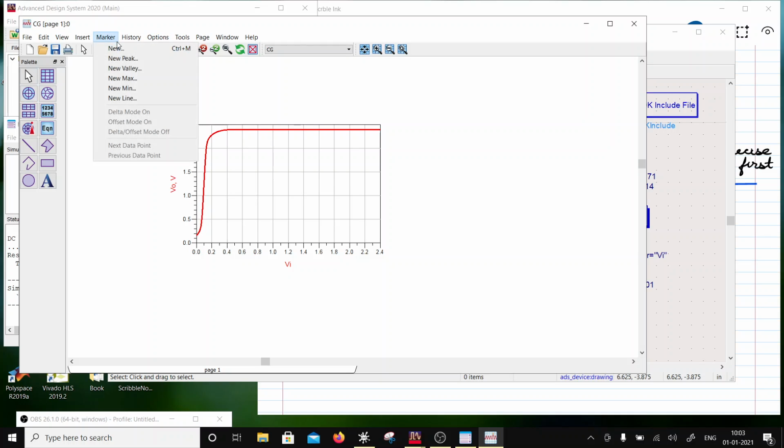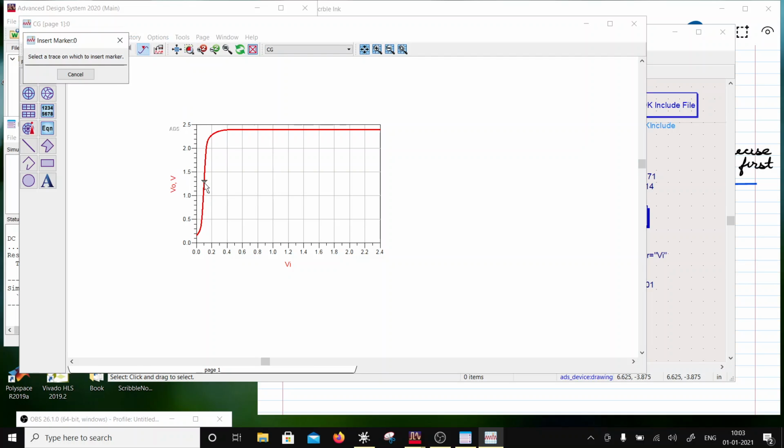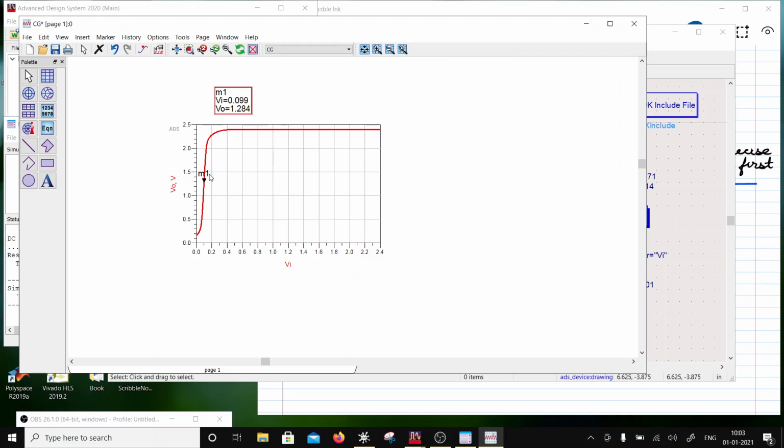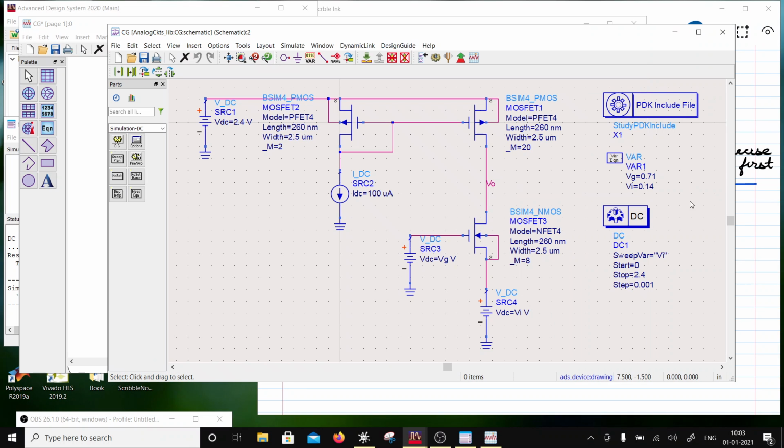The only thing I need to figure out is where the input quiescent is. So it is going to be roughly 0.97 or 0.98. So VI is going to be 0.98. So that's my quiescent voltage.